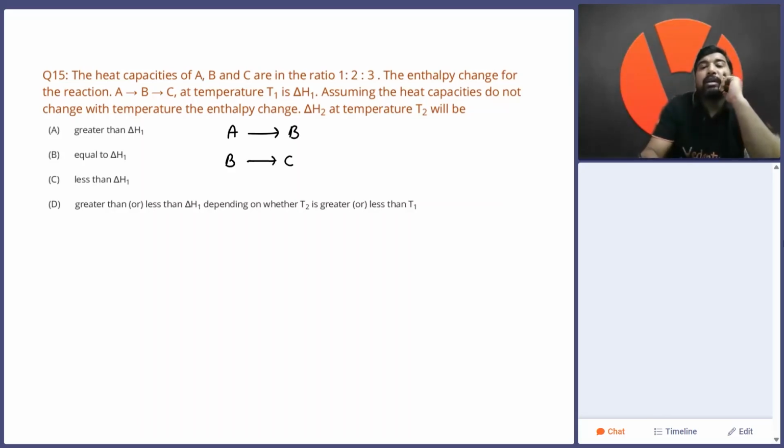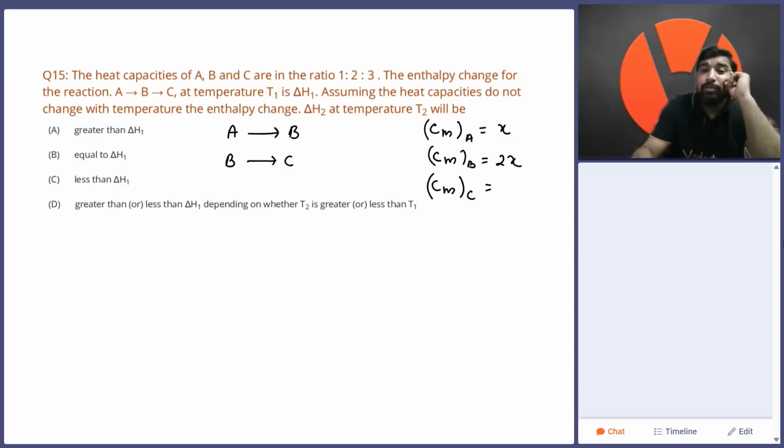Let the molar heat capacity of A, Cm of A, be equal to x, Cm for B equal to 2x, and the molar heat capacity for C equal to 3x. So for the first equation, the change delta Cm1 should equal 2x minus x.